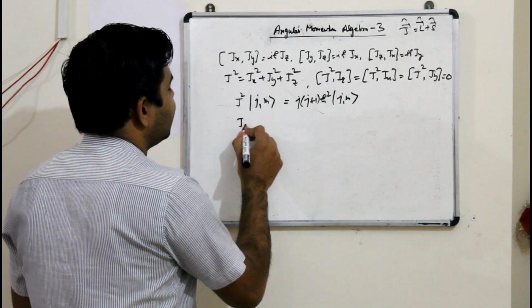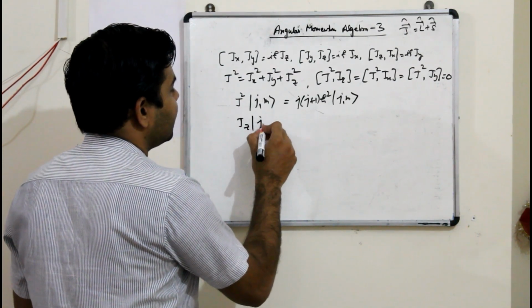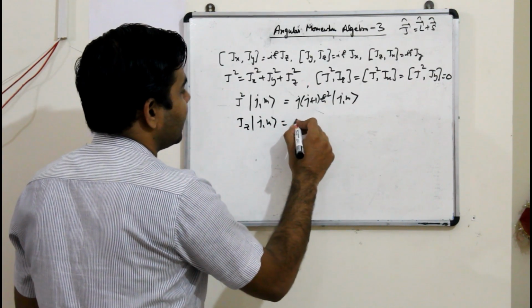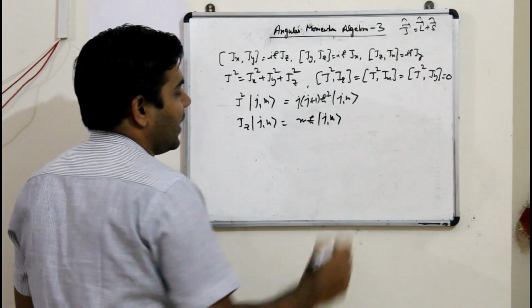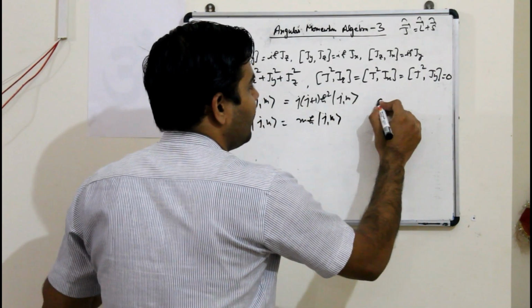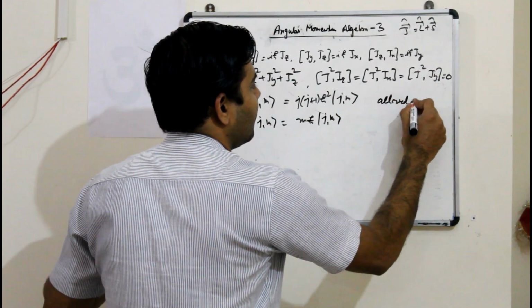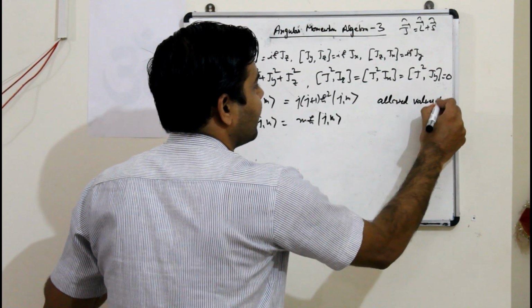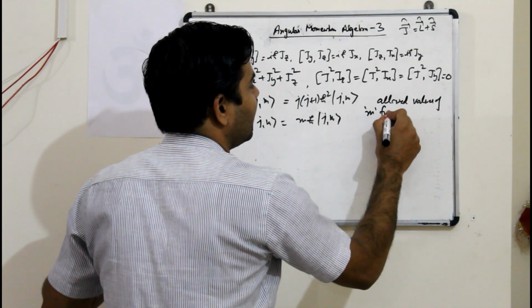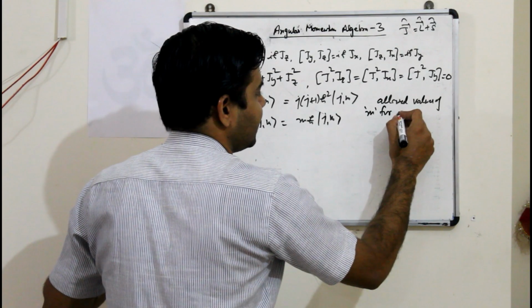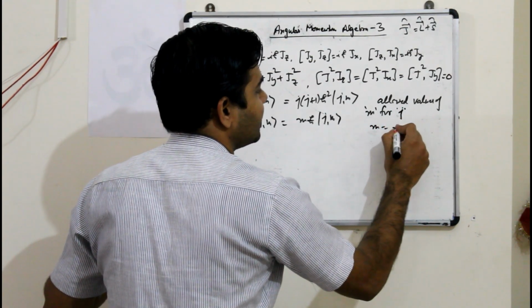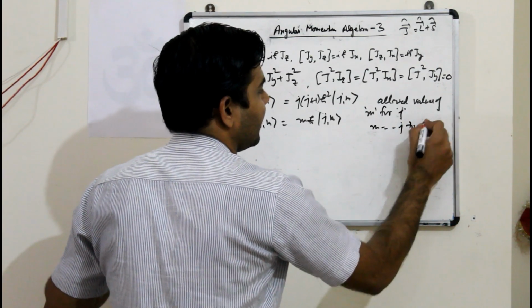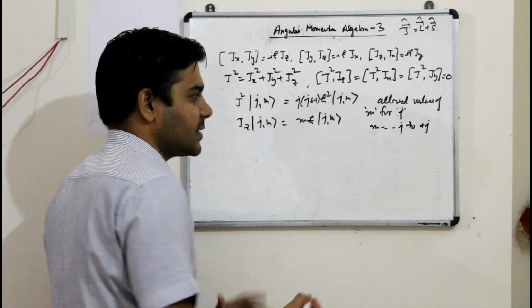And for Jz, the z component of the generalized angular momentum, acting on this state gives us mħ |j, m>. We also discussed that the allowed values of small m for a particular value of small j are minus j to plus j in integral steps.